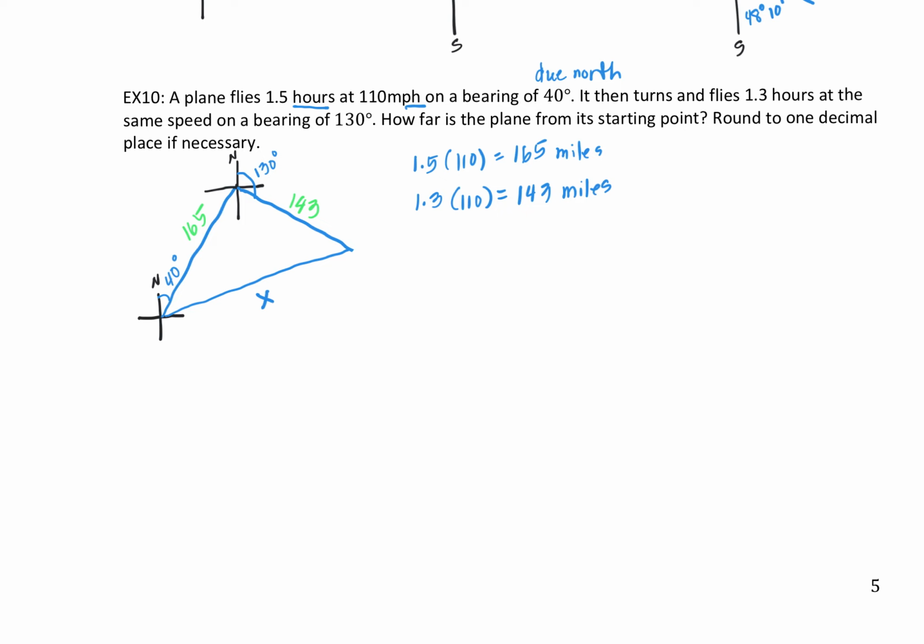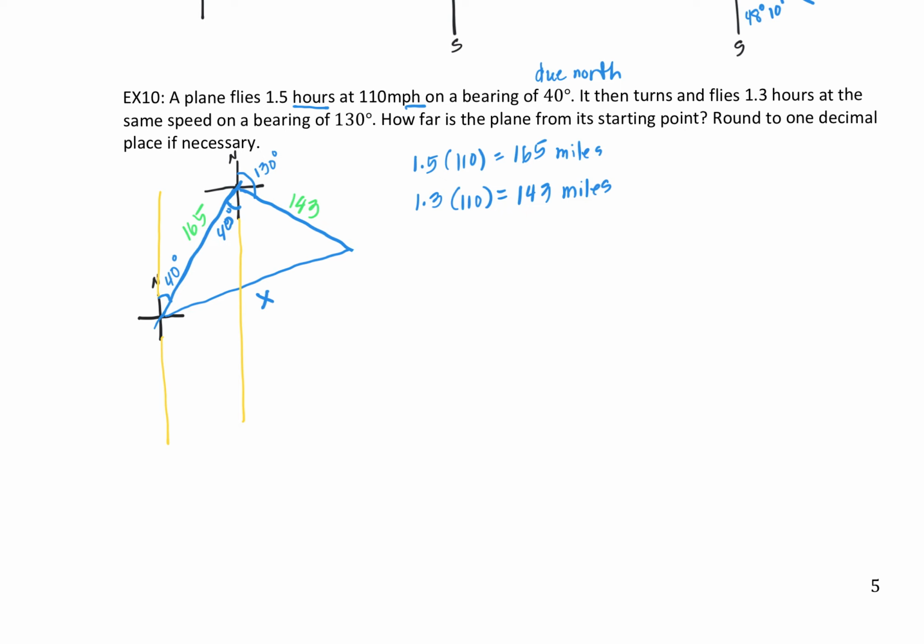So notice that my north lines, if I were to extend them, these would be parallel lines. And the first leg of the journey is a line that intersects the parallel lines. So if I have 40 degrees on one side of this line, I'm going to have 40 degrees on the other. Whoops, I put 40.